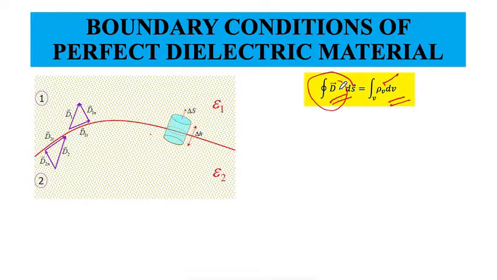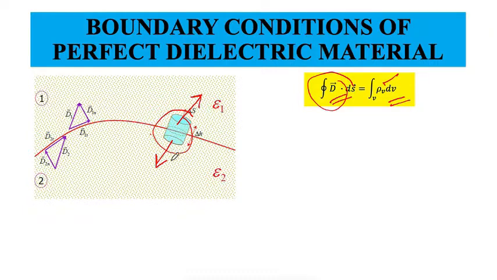As before, I have taken two mediums. Now I will imagine drawing a small box whose surface area is delta S. The top and bottom have a surface area delta S, and the normals to these surfaces point in two different directions; they are oppositely oriented.